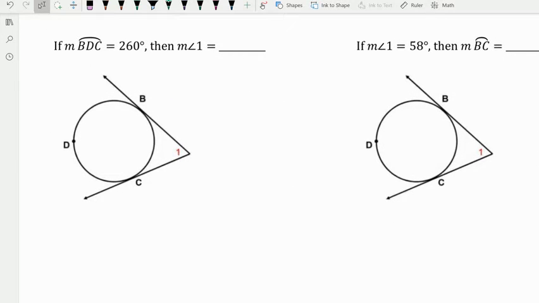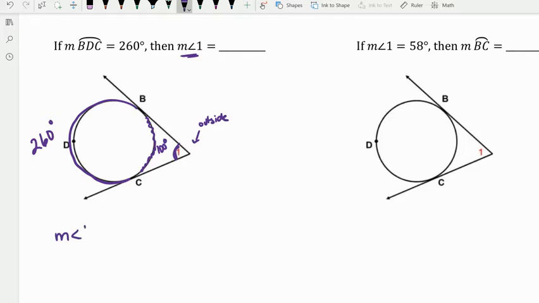Okay, so this one tells us that the measure of arc BDC, so BDC would be the major arc that goes around there. So that's 260 degrees. We want to find the measure of angle 1. Well, if that one is 260, we're left with our other arc in here. 360 minus 260 is 100 degrees, right? That would be that arc. And then we're looking for the measure of angle 1. That's outside the circle. It's an outside angle.